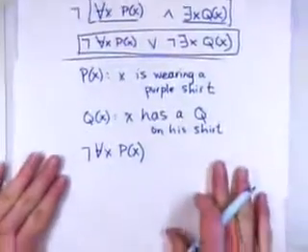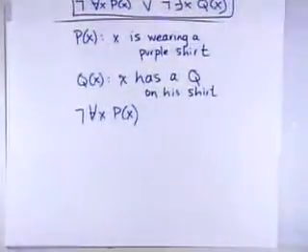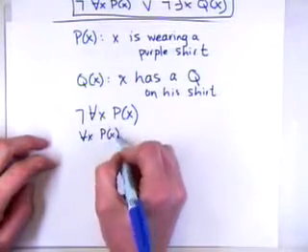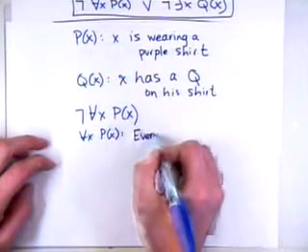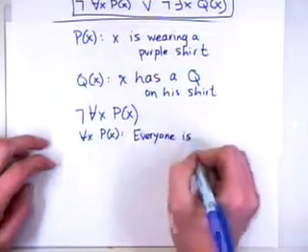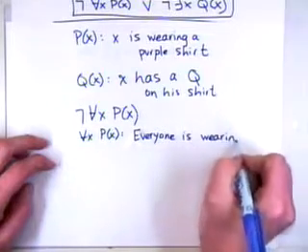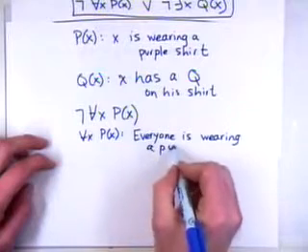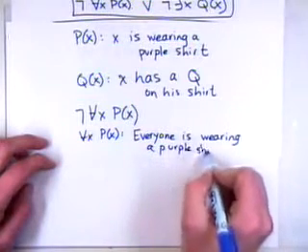So for all x, p of x means that everyone in this room is wearing a purple shirt. So we're just going to do for all x, p of x: everyone is wearing, I'm going to leave the "in the room" off, a purple shirt.